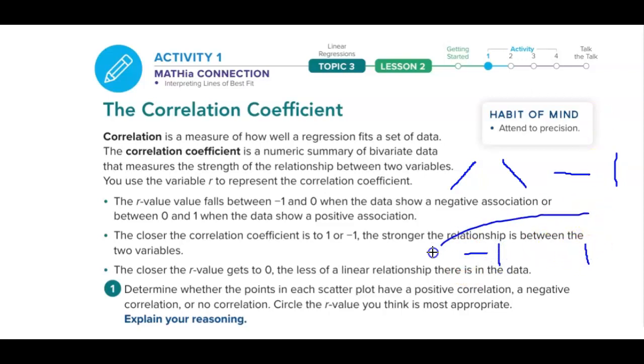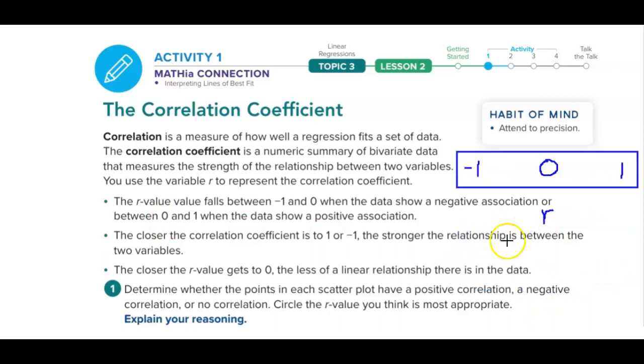And this rating scale is going to be called our R values or our correlation coefficient. In this unit, correlation is a measurement of strength, how powerful the relationship between the two variables is. We measure the correlation strength using a rating called the correlation coefficient, or R.